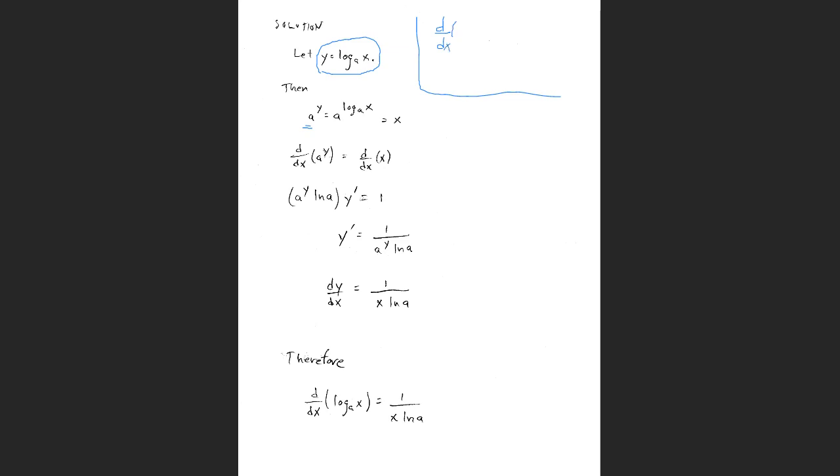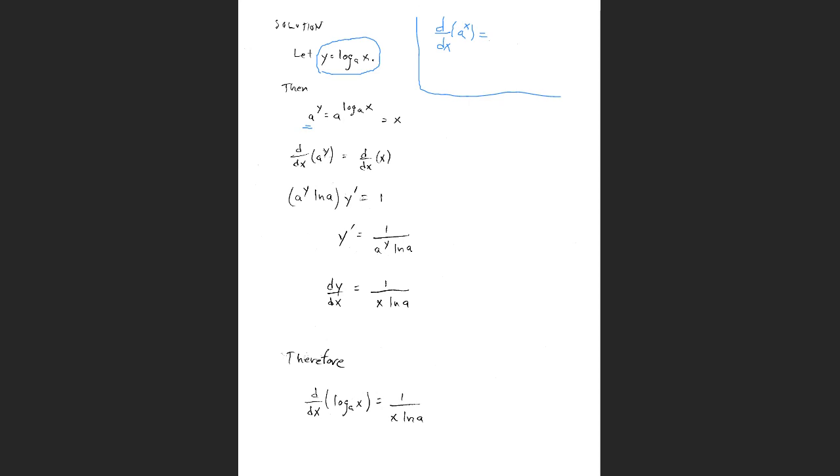And the derivative of a to the x power, what's the rule for that? Do you remember the rule? That's right, Lynn. That's right, Ian. Very good.